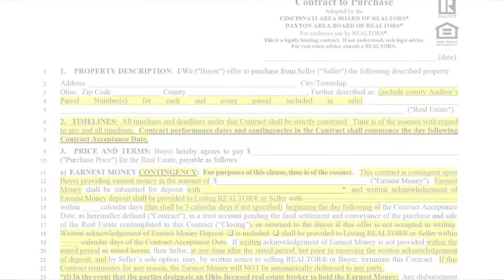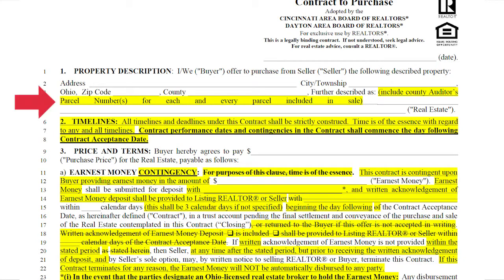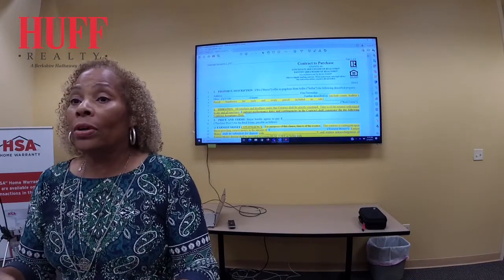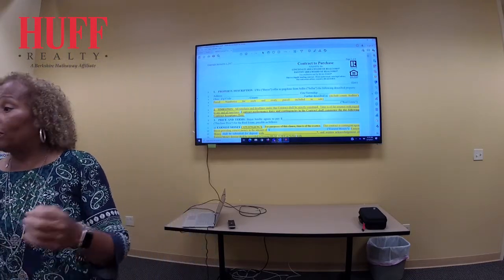In the property description there, you can see in yellow how they've added to the property description that you're also supposed to now put in the auditor's parcel numbers. That's to make sure that the property address and the parcel numbers are going to be consistent.